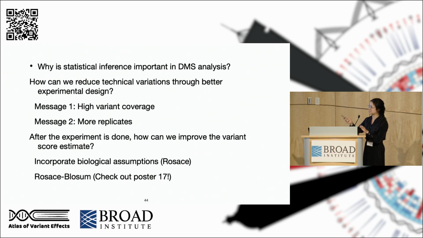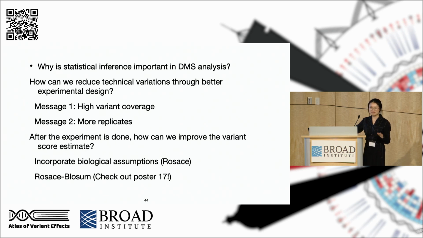Two simple messages again: high variant coverage and more replicates. And after experiments are done, how can we improve the variant score estimate? By including more assumptions, finding the sweet spot of assumptions. For example, Rosace incorporates biological assumptions. And we also have this new method, now just name it Rosace-BLOSSOM, so check my poster.